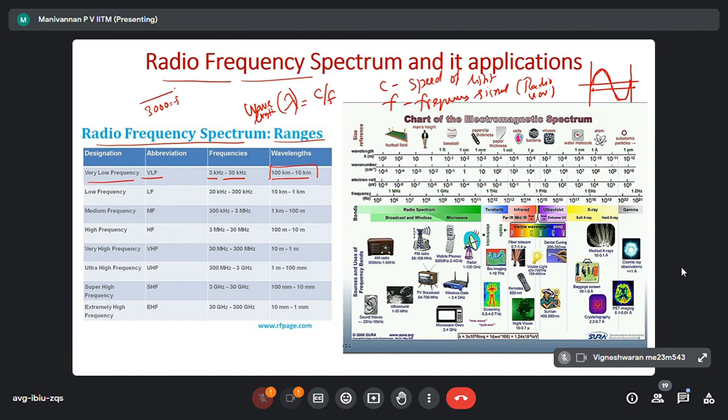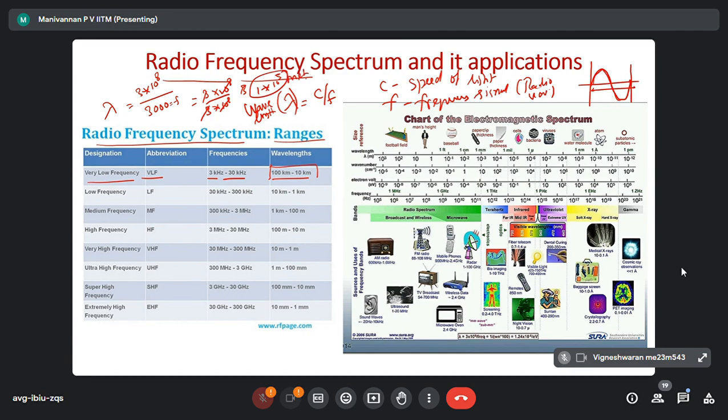What is c? c is equal to 3 into 10 power 8, the speed of light, it is fixed. That gives my lambda, correct? So you can write 3 into 10 power 8 divided by 3 into 10 power 3. The 3 cancels. So 1 into 10 power 5 meters, correct?